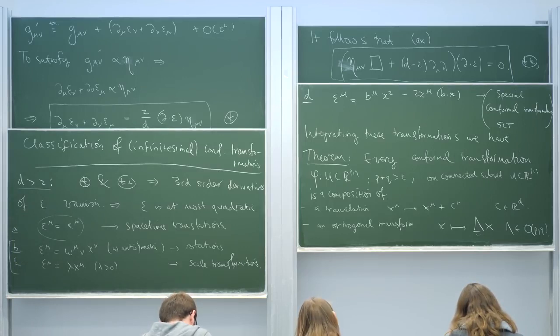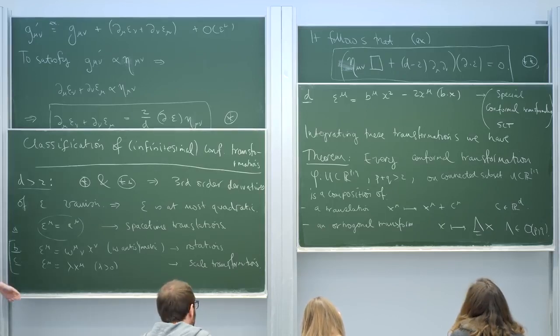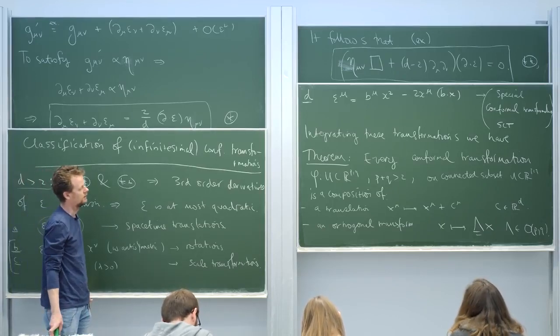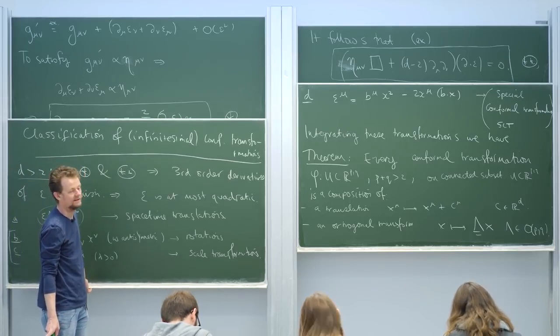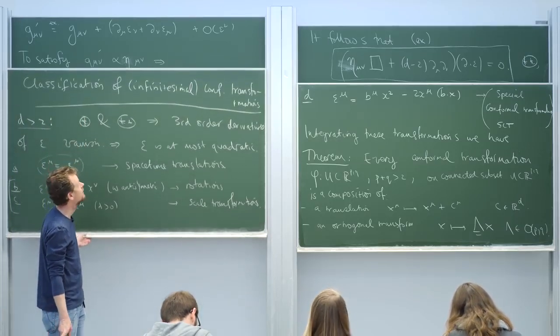In particular, in Euclidean space, lambda is just an orthogonal matrix, and in Minkowski space, lambda is a Lorentz transformation.